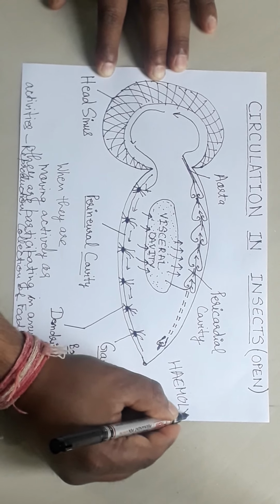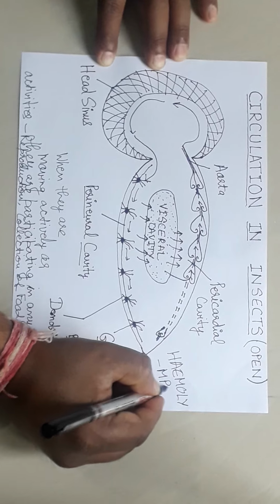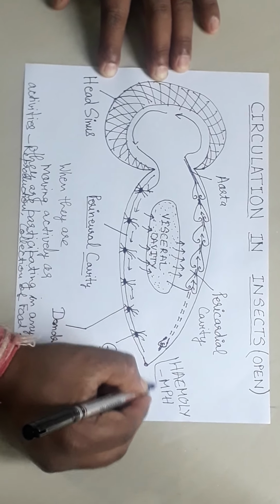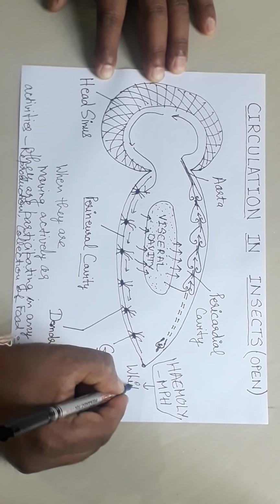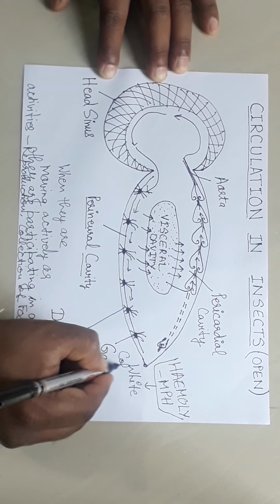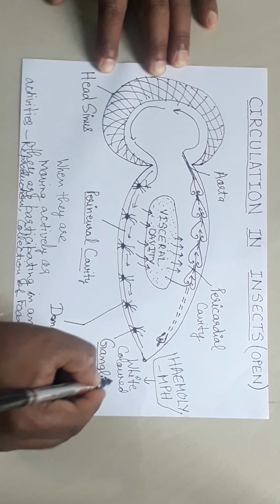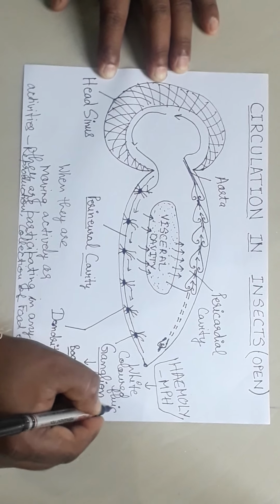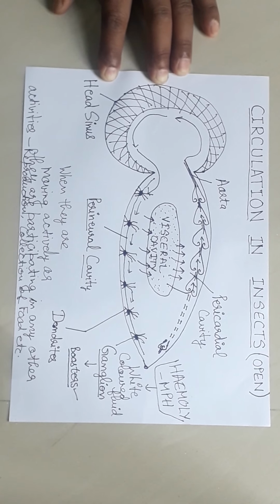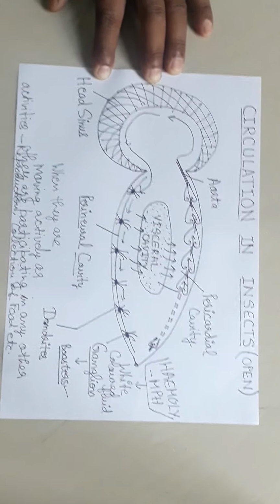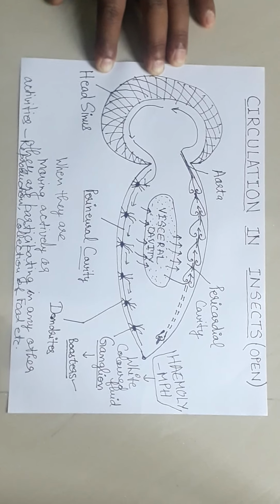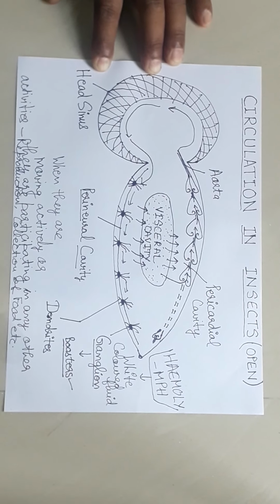Hemolymph is a white colored fluid, as it is devoid of any respiratory pigment. They do not have any respiratory pigment, just like we have hemoglobin. So in this manner the circulation takes place.